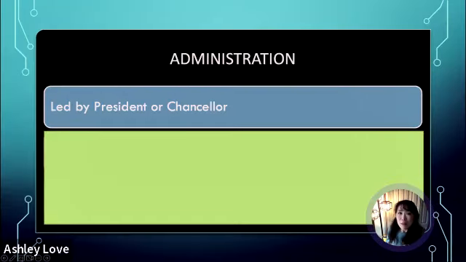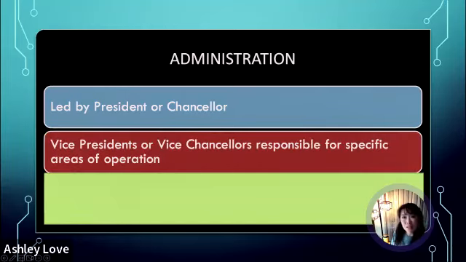So administration, we are either led by the president or chancellor. They're similar, but depending on which university, that's what you want to look at when you are looking at the program. Yes, you're looking at the program, but you're also looking at where it's located in terms of the university, right? Is it led by a president or chancellor? You have vice presidents or vice chancellors that you saw for specific areas of operation.